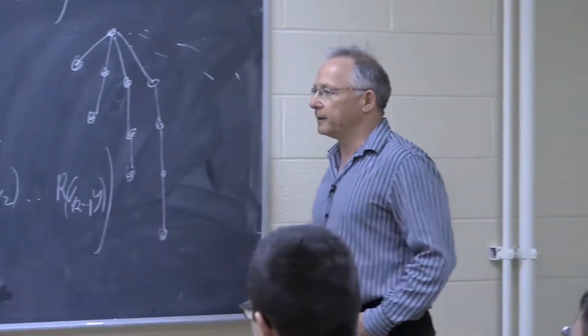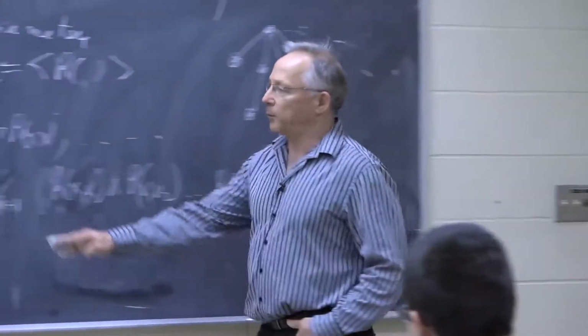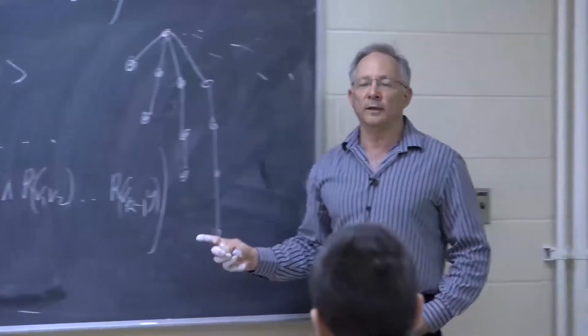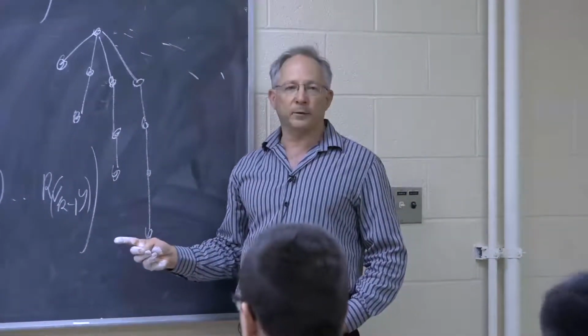Did I put enough parentheses? So there exists x, y, such that there do not exist a chain of k steps connecting them.